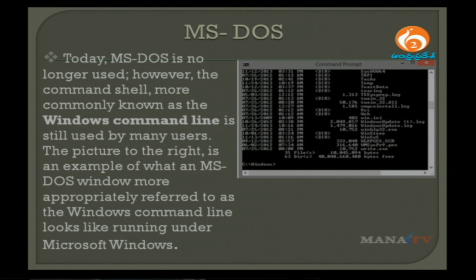This is the diagram of how it actually looks. We remember in our old systems, whenever we put on the system, a command prompt came up, and then we had all these metrics flowing on, which we never knew what they were. So, this is MS-DOS and how it looks, just remember that.